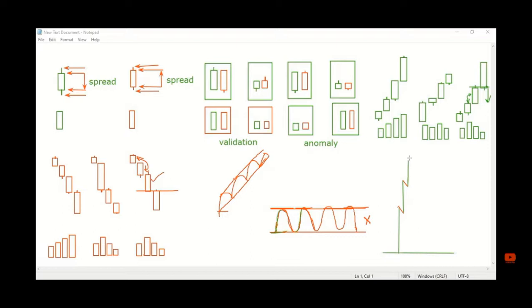And after the pullback, the market again started going up like this. So try to understand here, it's very basic knowledge, a very basic concept. When we see the market change direction from here, it's the extreme buyer's entry point area, the extreme buyer's entry point level.